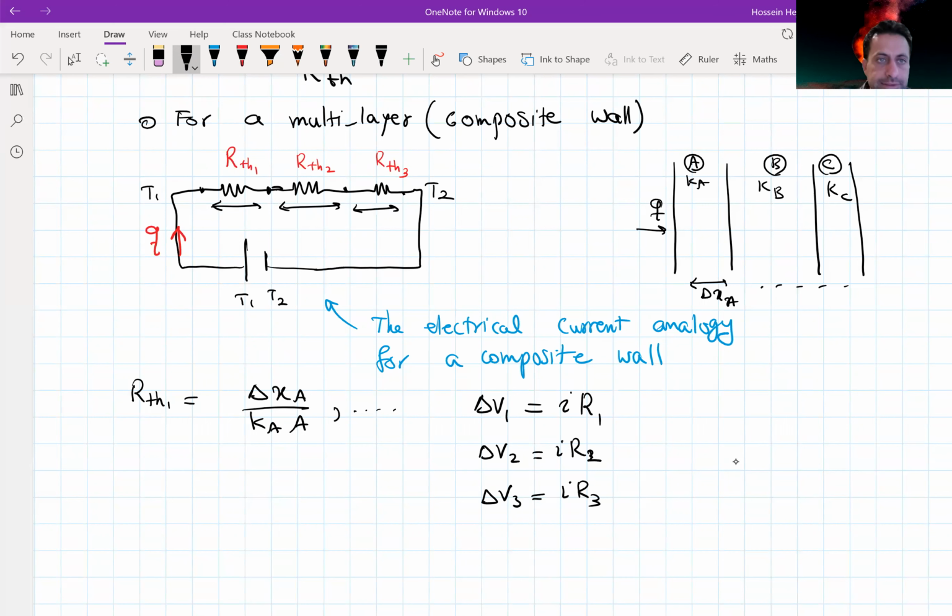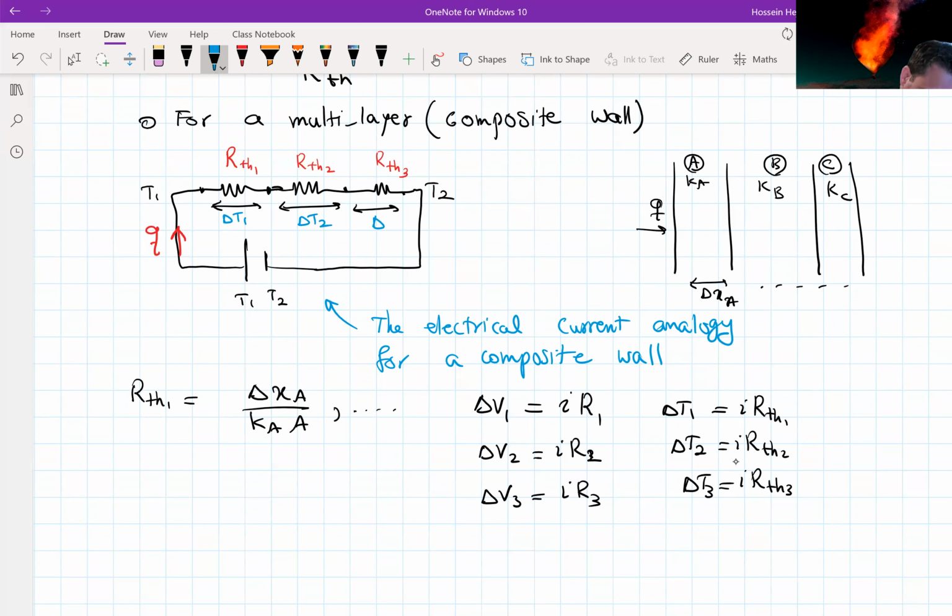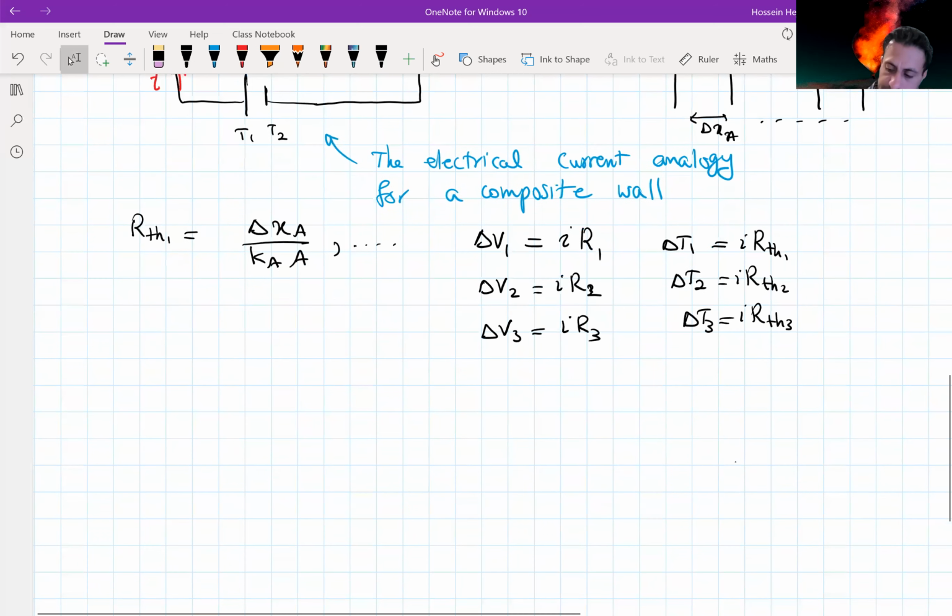Equivalently, for the heat, delta T1 is Q R_TH1, delta T2 is Q R_TH2, delta T3 is Q R_TH3. And we can get the similar resistance and the similar heat flow rate that we got previously.